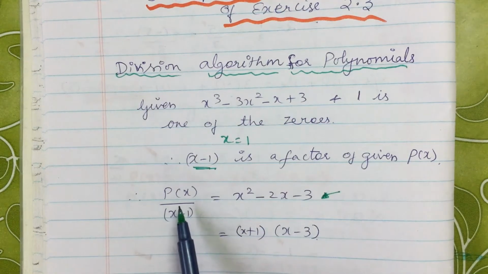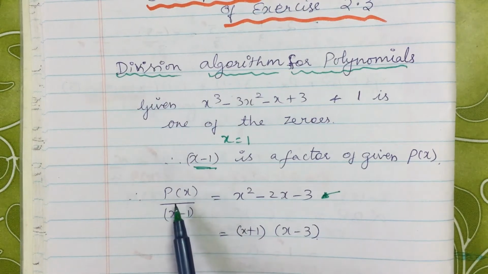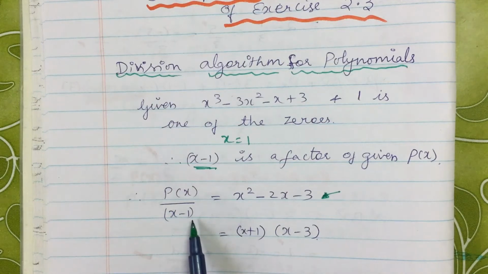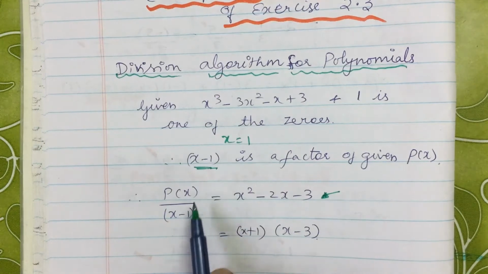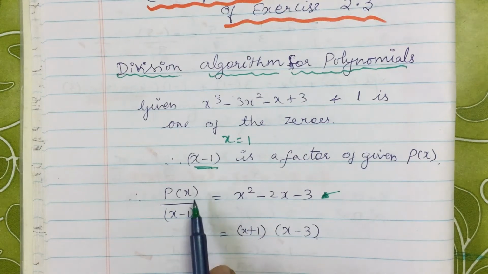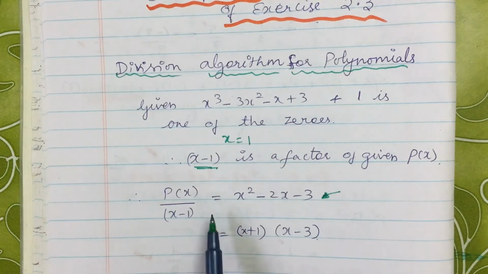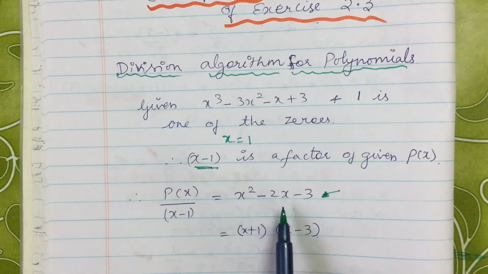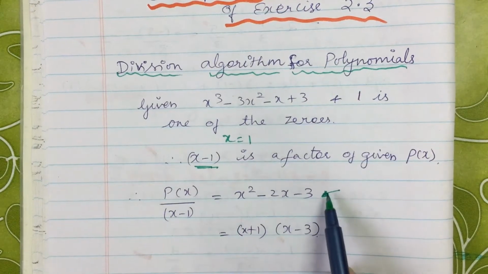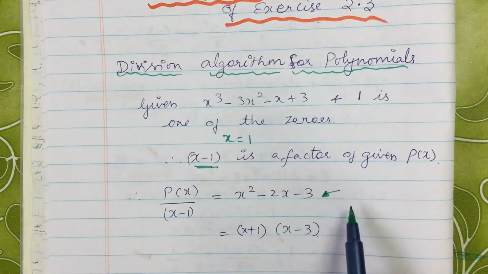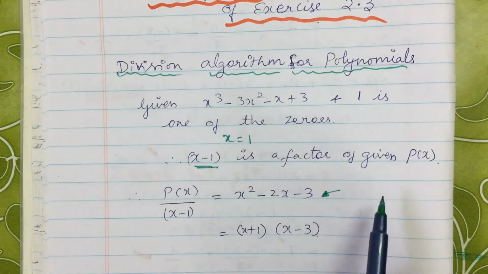Considering p of x, we have to divide the given polynomial by x minus 1, because x minus 1 is a factor of the given polynomial, so it should divide it. So p of x divided by x minus 1 is equal to x square minus 2x minus 3. How to divide the given polynomial is what we are going to study in this exercise 2.3.